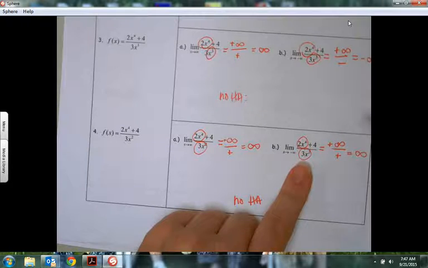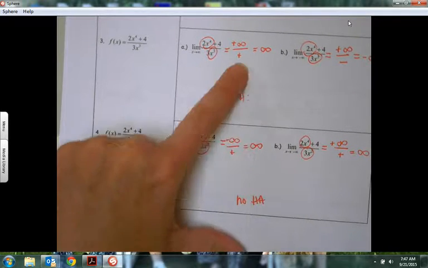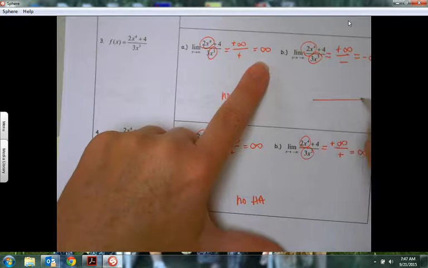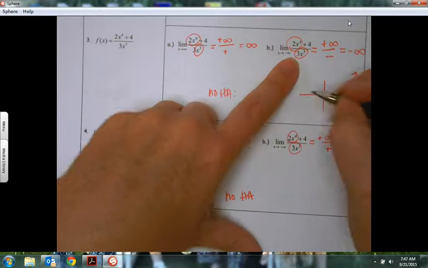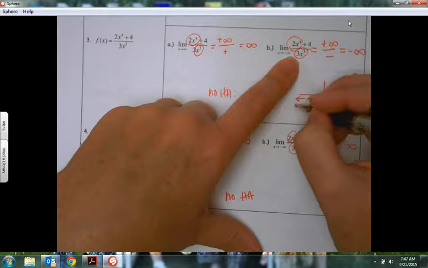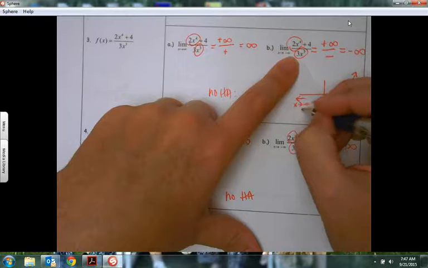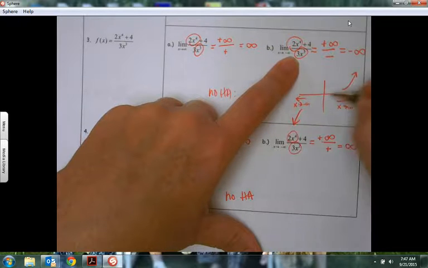So basically it's telling you your end behavior. So on this guy, as x goes to infinity, I know it's going to go to infinity. And over here, as x goes to negative infinity, I know that it's going to go to negative infinity. And we can talk about what happens in the middle, but my end behavior would do this.